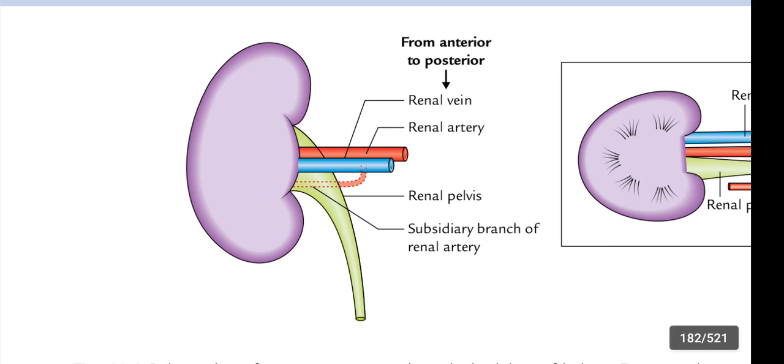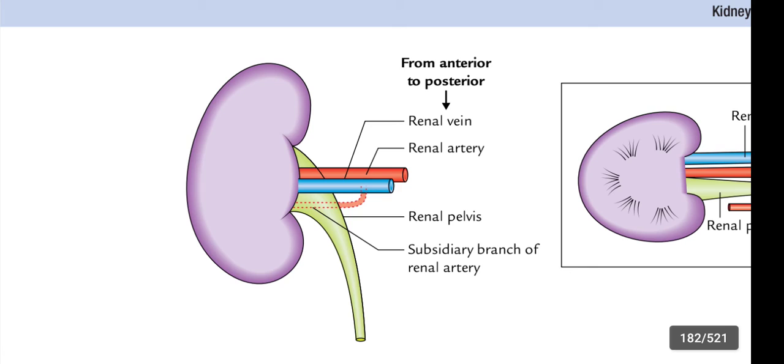Okay, VAP. VAP, anterior to posterior. Remember that V, that is vein, comes first. Vein, artery, pelvis, and at last the subsidiary branch of the renal artery.